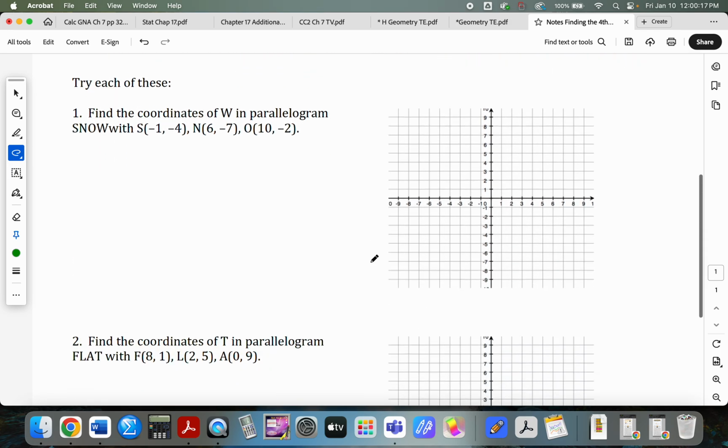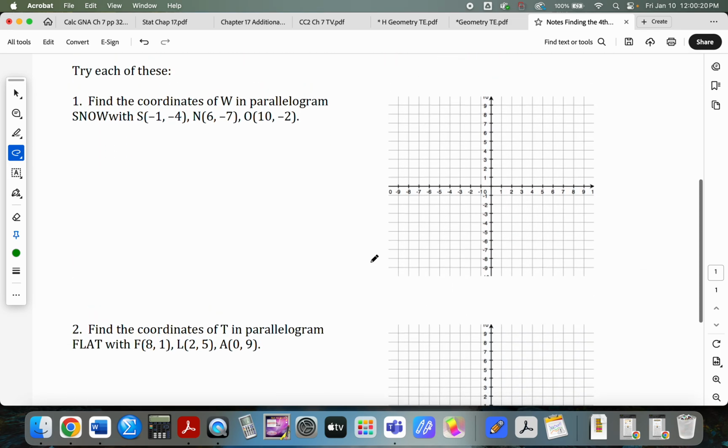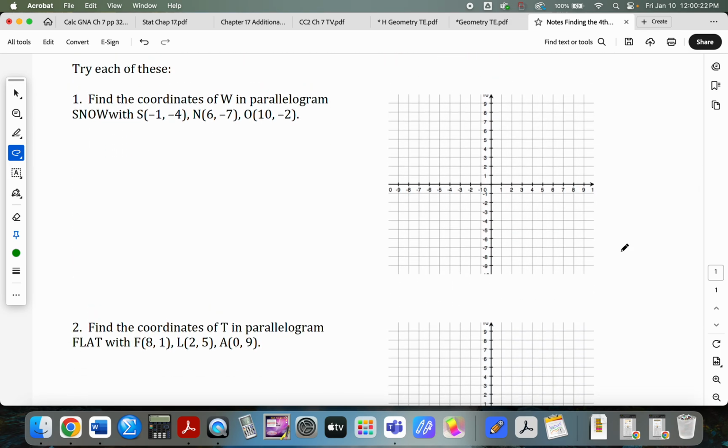All right, let's try these 2. So S is at negative 1, negative 4. N is at 6, negative 7. O is at 10, negative 2.